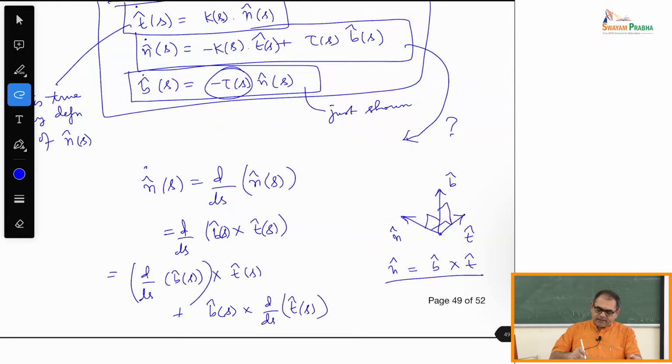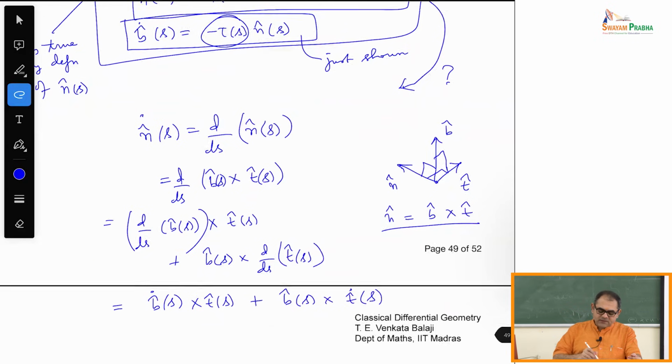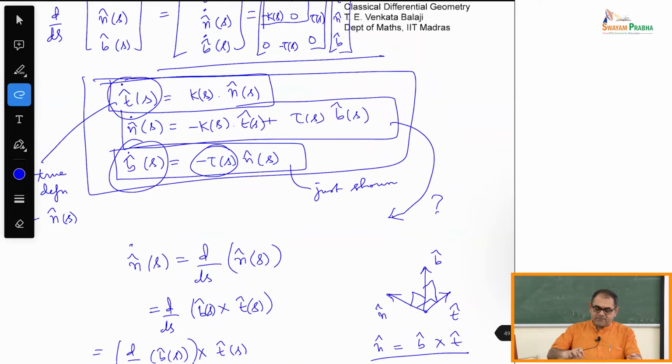But if you look at it, we already have the formulas. So this is just b cap dot of s cross t cap of s plus b cap of s cross t cap dot of s. But we have already the formulas for b cap dot and t cap dot here. So just plug them in.